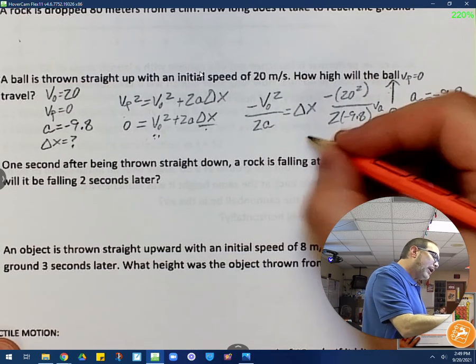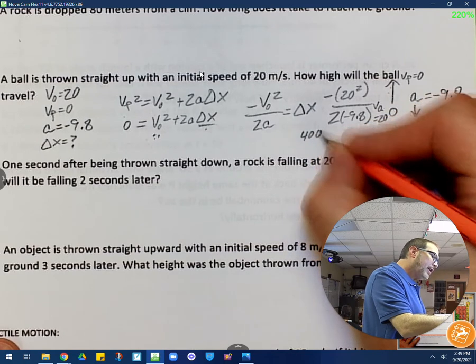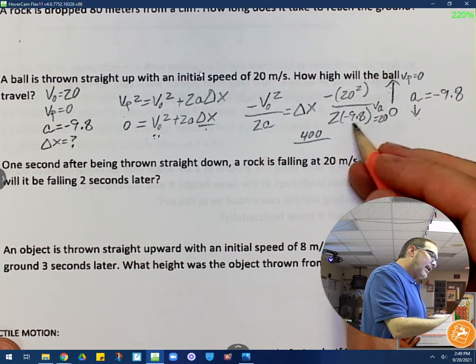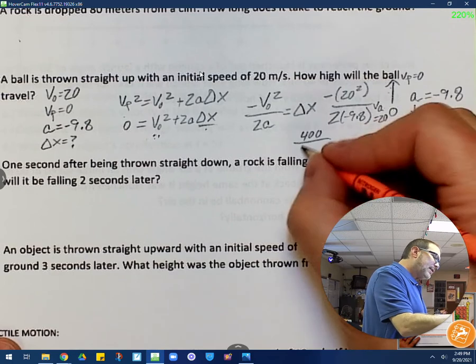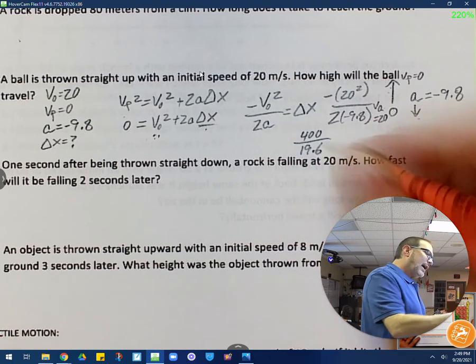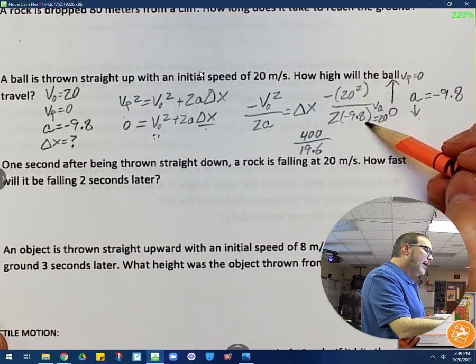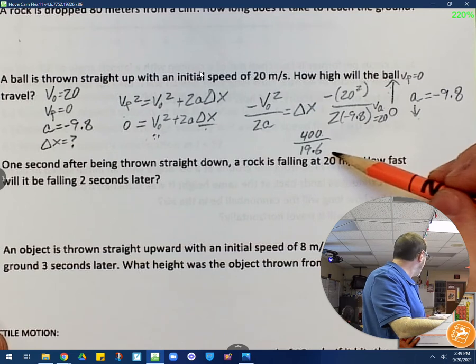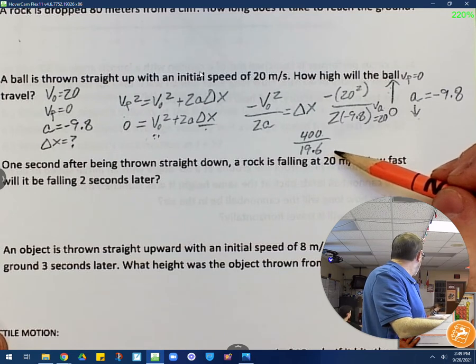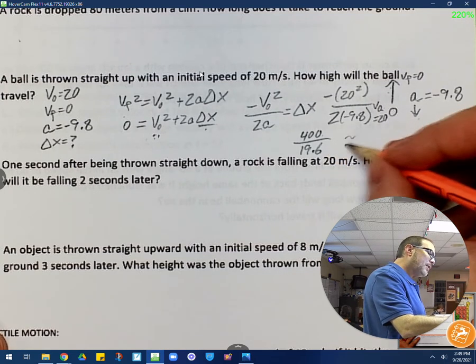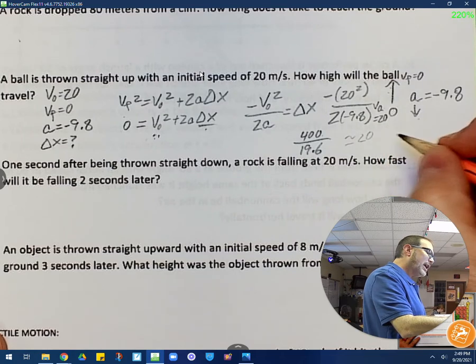I'm running out of room here. So it's going to be 400 over 19.6. And again, if you were using 10 here, you could just do this in your head. We could do it as kind of a common sense estimate. That would be like 400 divided by 20, or 40 divided by 2. So our answer is going to be somewhere close to 20.